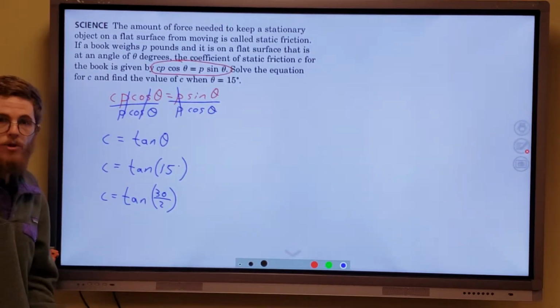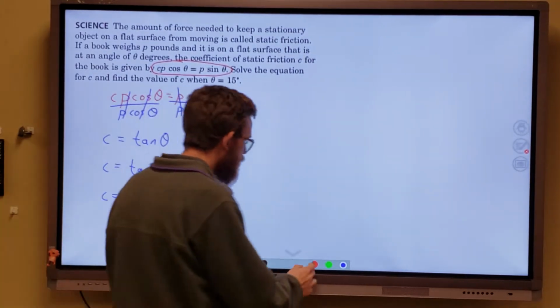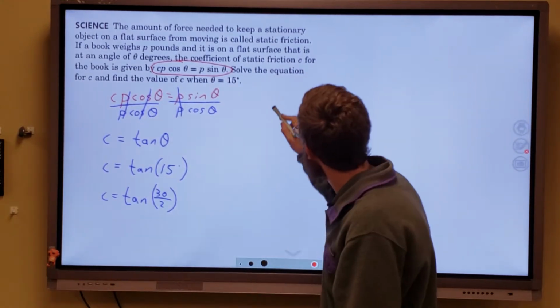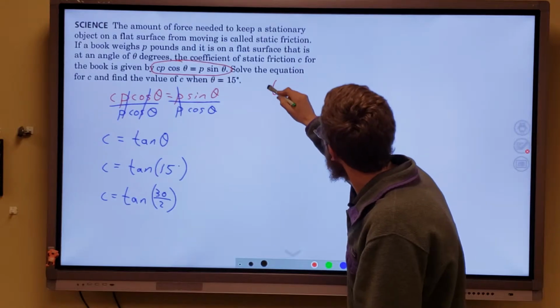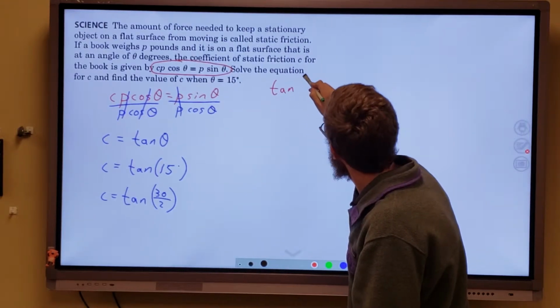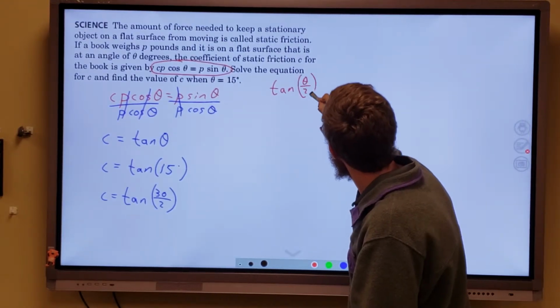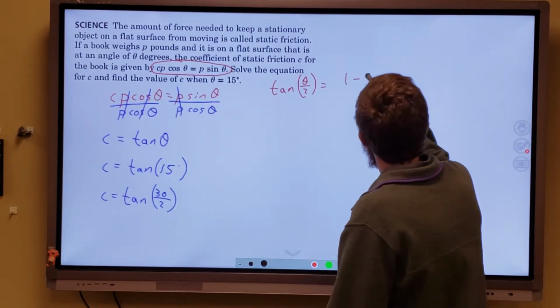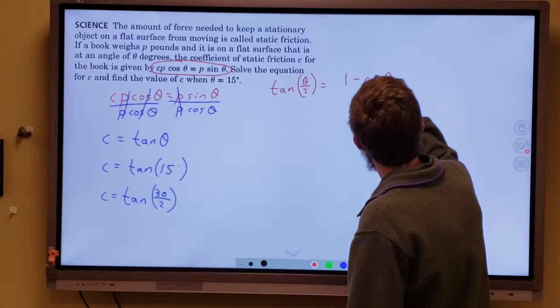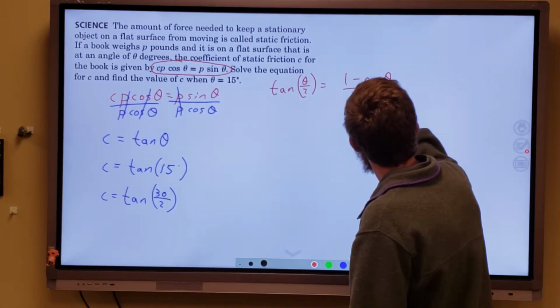There are a few half angle identities for tangent, but to me, the easiest one is tangent of theta over 2 equals 1 minus cosine of theta over sine of theta.